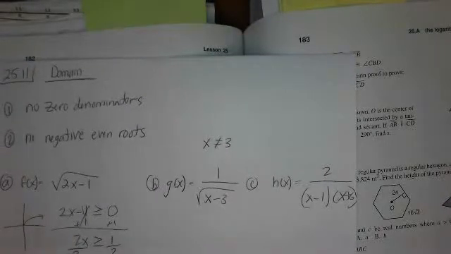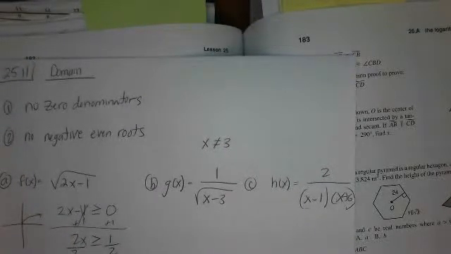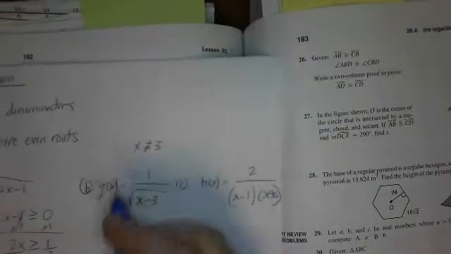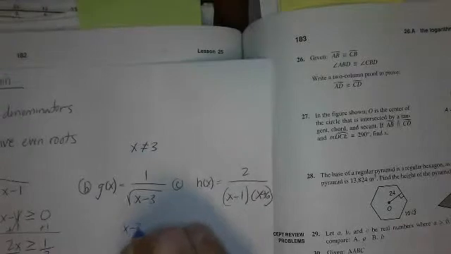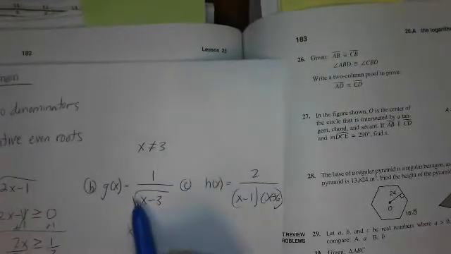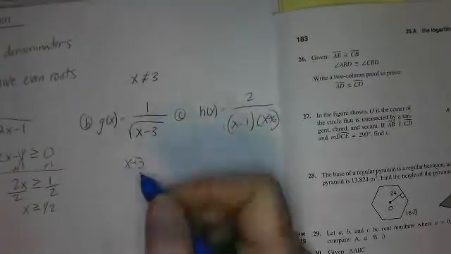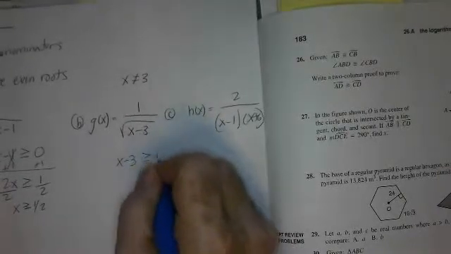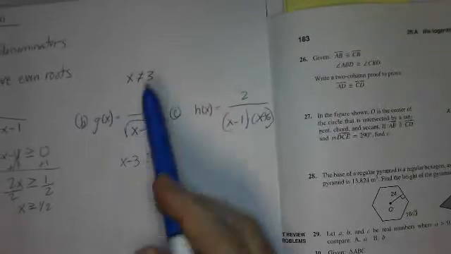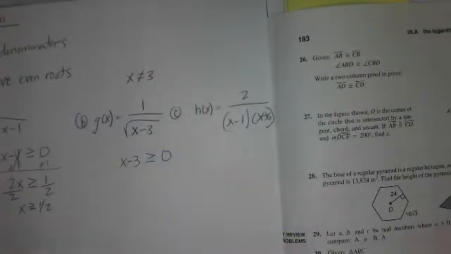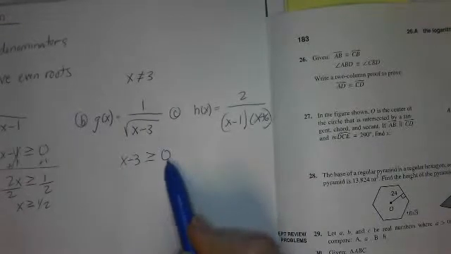Okay, for the negative root rule, we'll do the same thing we did on the last problem. X minus 3, or in other words, the radicand, has to be greater than or equal to 0. Well, it can't really be 0. Oh, hey, we can do both rules at once. It can't really be 0.